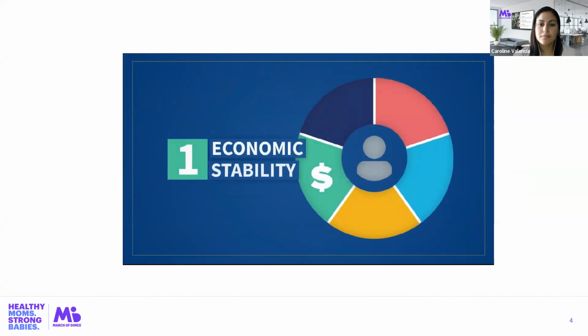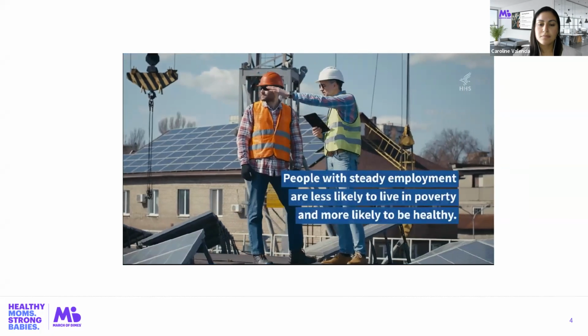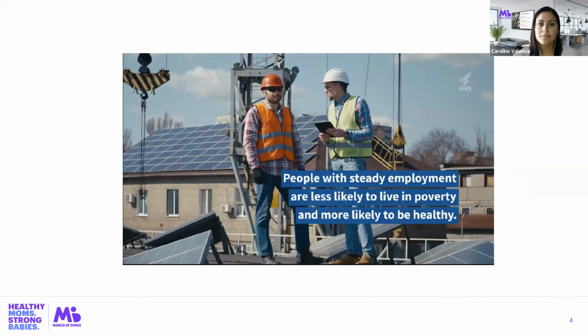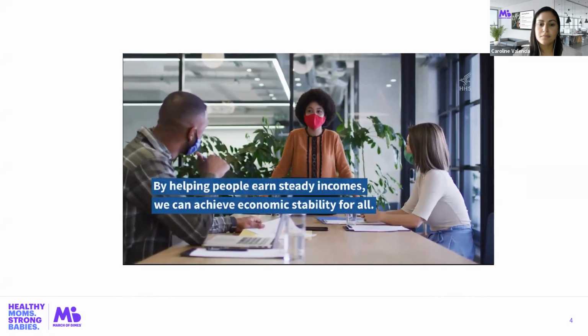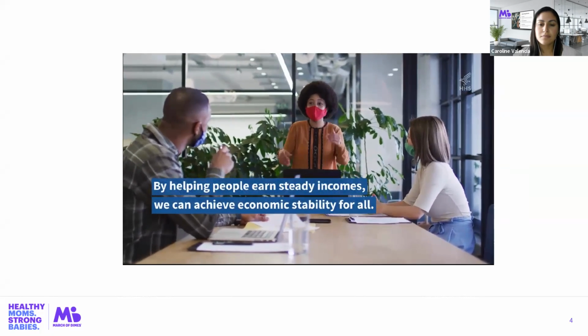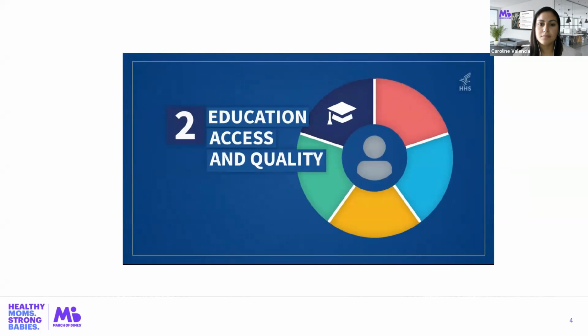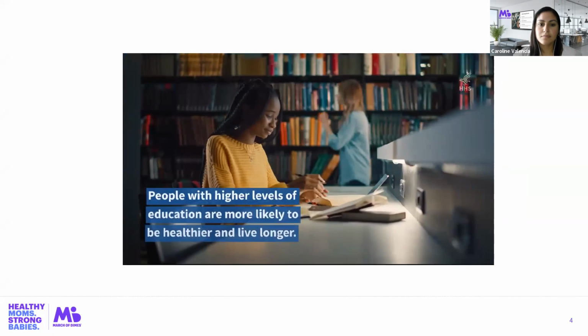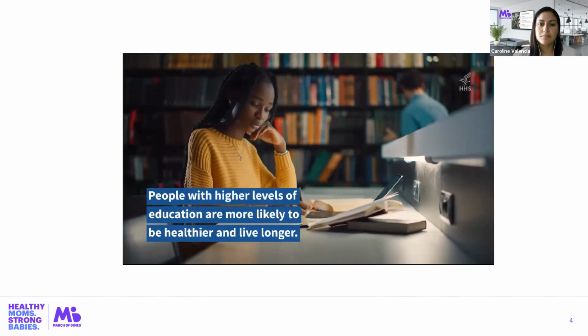First, economic stability. People with steady employment are less likely to live in poverty and more likely to be healthy. By helping people earn steady incomes, we can achieve economic stability for all. Second, education access and quality. People with higher levels of education are more likely to be healthier and live longer.